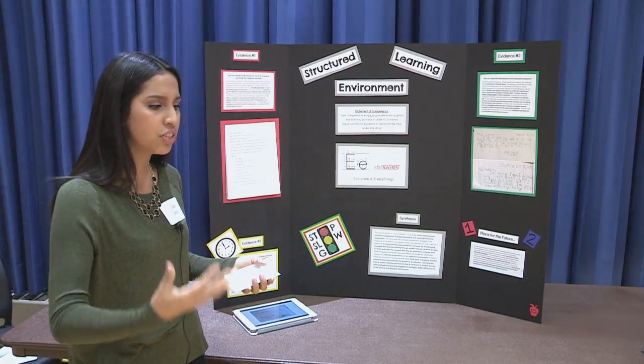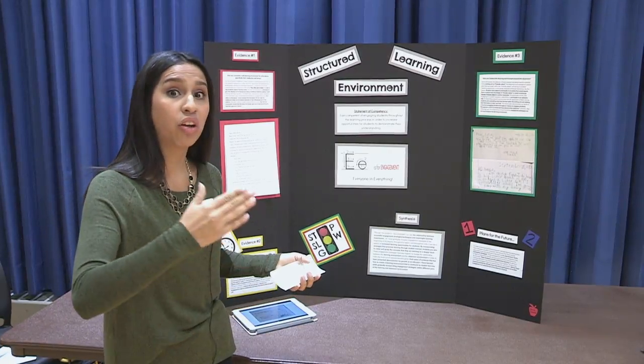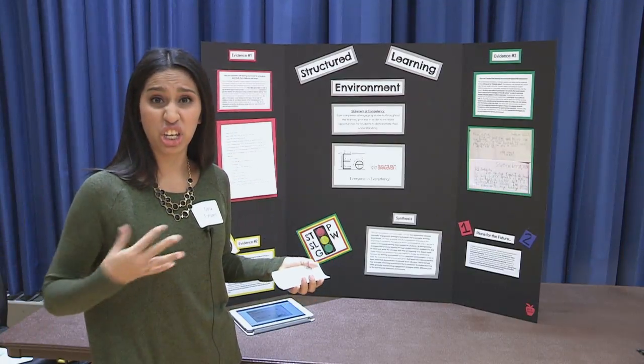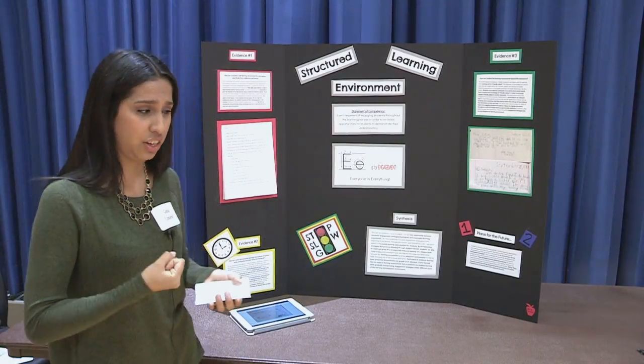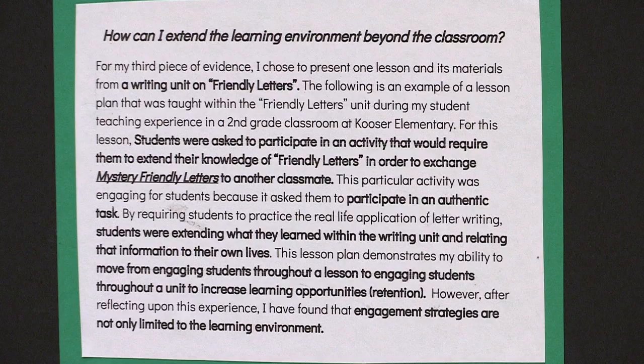So I was still stuck on being able to engage my students throughout the learning process, including the learning that was being done throughout a unit, being able to connect all those lessons. And so that led me to my third piece of evidence. And this piece of evidence is from my student teaching experience that I just finished up in a second grade classroom at Cooser Elementary.